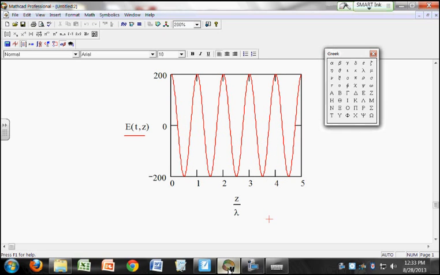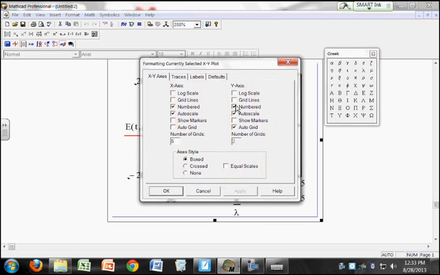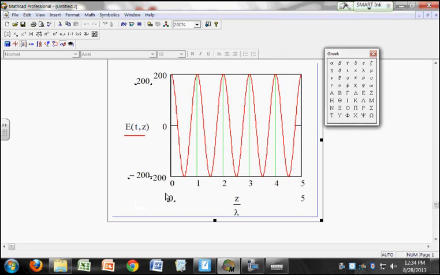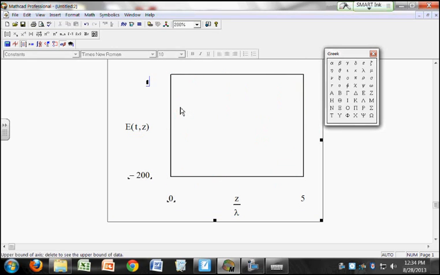I'm sorry. Double click on the graph and then, if you want, you can specify the number of grid lines. There, and that's 5 grids. Okay, so I can change this one to, let's say I want it to go from negative 250 to 250.